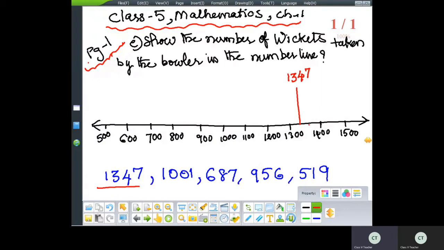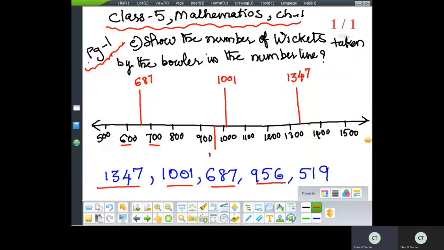Okay, the next one, 1001. So 1001 is nearer to 1000. 687. So 687 lies in between 600 and 700. Yes. So now 687. So 87 is more than 50. So more than half. Okay. The next is 956. 956 lies in between 900 and 1000. 56 is more than 50.